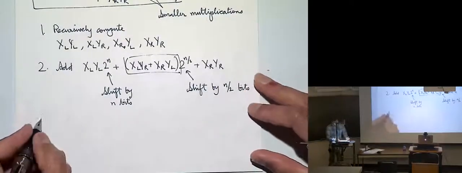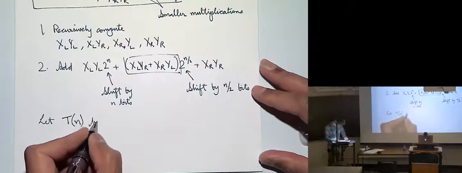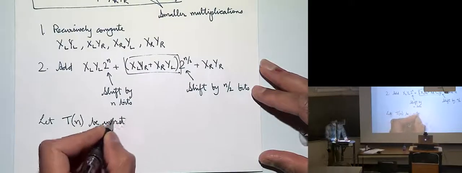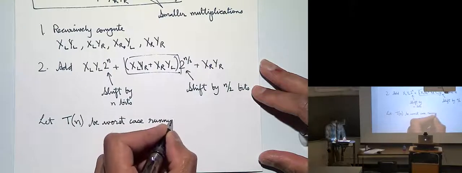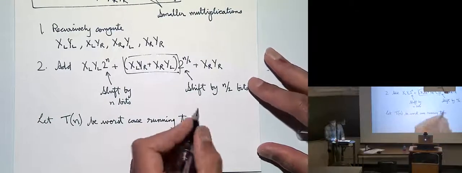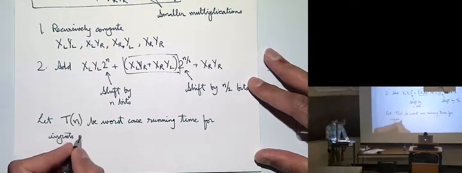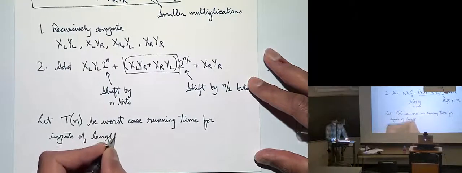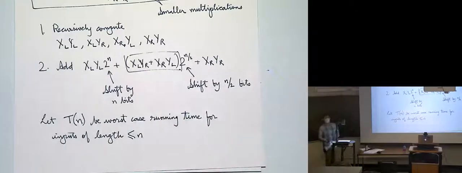Okay, so let T of n be the worst case running time for inputs of length at most n. How long does that take in terms of T of n?